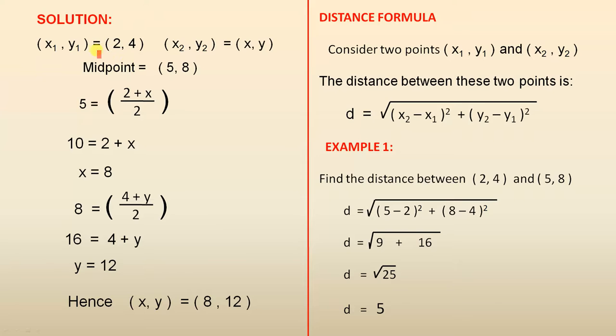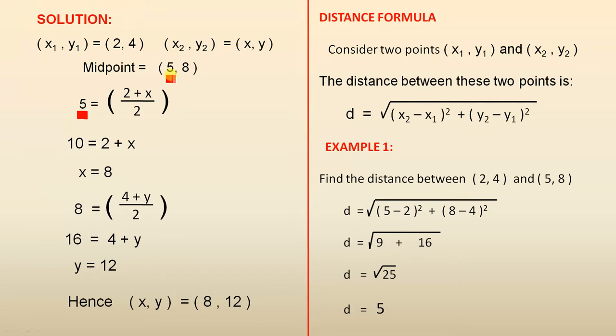So the solution. One of the endpoints is x1, y1, which is 2, 4. The other endpoint is x2, y2, which is x, y. And the midpoint is 5, 8. So the x coordinate of the midpoint is 5.